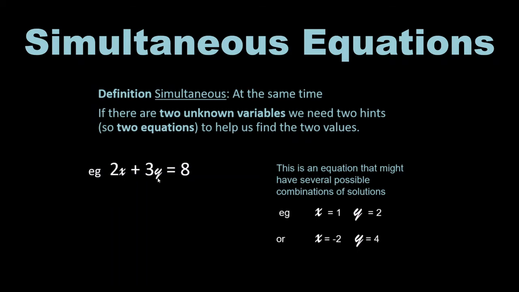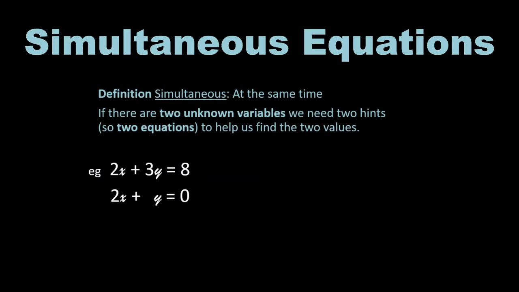And if y is 4, 3 times 4 is 12. Negative 4 plus 12 is also 8. So there's more than one possible pair of solutions to this equation. Because we only have one equation but two unknown variables, we can't possibly know which pair of solutions is the correct one.